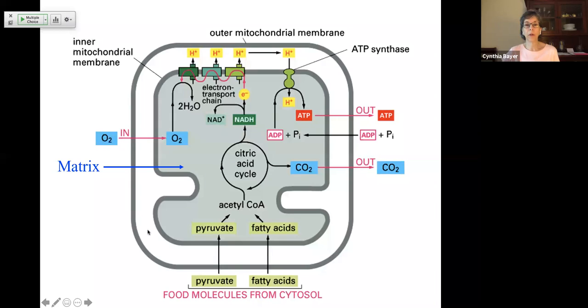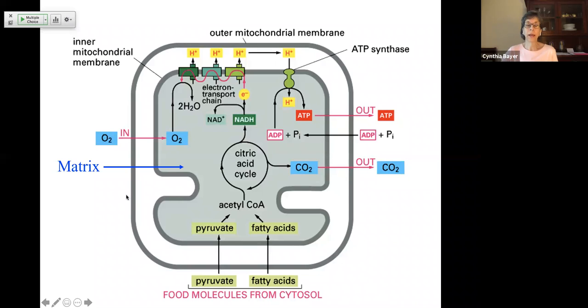But all of these biochemical changes that are occurring inside the mitochondria are used to completely oxidize that pyruvate, extract the energy of those high energy electrons from that food molecule to be able to produce a huge amount of ATP.